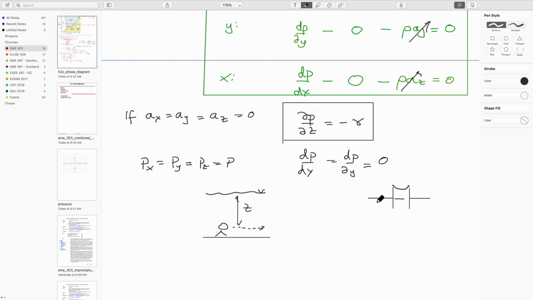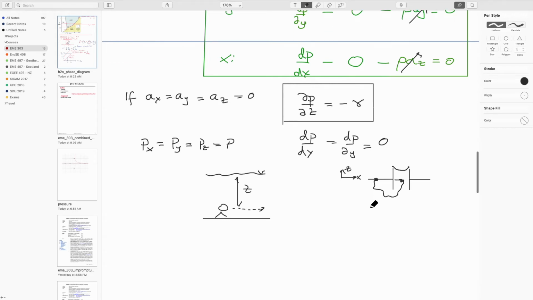The reason we can do that is that we're going from this point here. This is the x direction. This is the z direction. And we're going to another point, which is not changing in elevation. There's no change in pressure as we go from here. So the pressure at this point here must be atmospheric. So it's the same as if we can cut off the bottom and we just have the water sitting there. And so we've used that expression already to be able to describe our behavior.